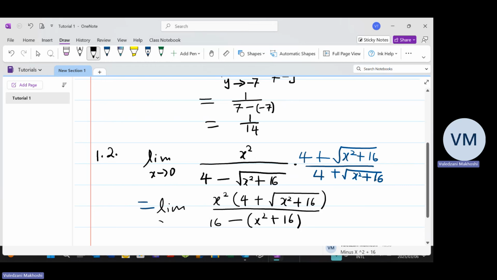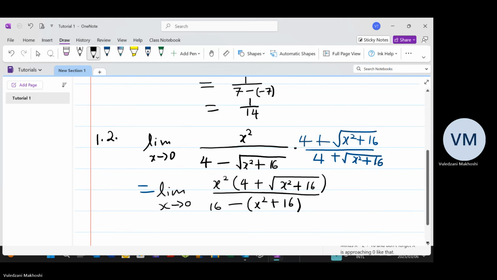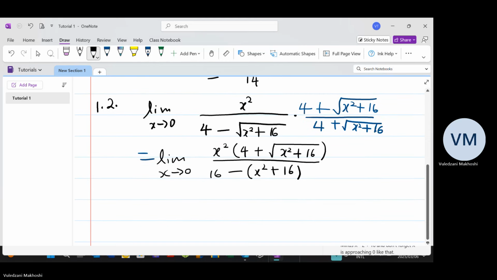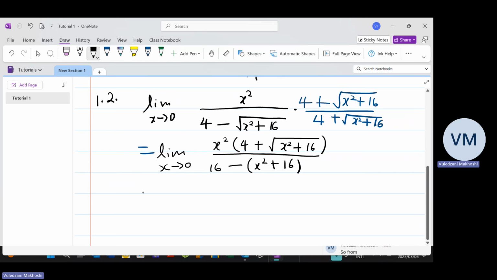And don't forget, x is approaching 0, like that. So from that, we realize that this is equal to the limit when x is approaching 0. Let us simplify. In the numerator, we have got x squared into 4 plus the square root of x squared plus 16, like that.